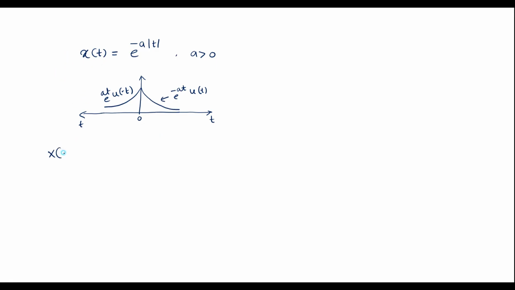We know that the Fourier transform of x(t) is represented as X(jω). It is given by the integral from minus infinity to infinity of x(t) e^(-jωt) dt. We can see that from minus infinity to 0 this signal will come into the picture, and from 0 to plus infinity this signal will come into the picture.